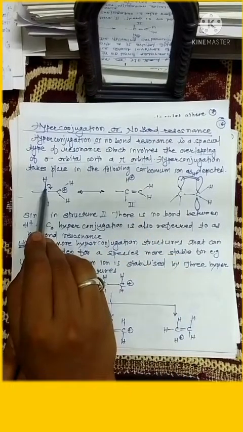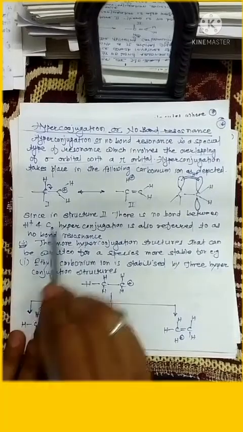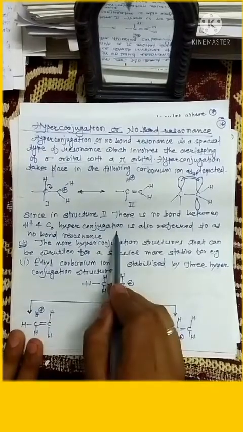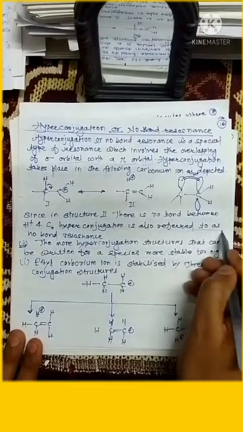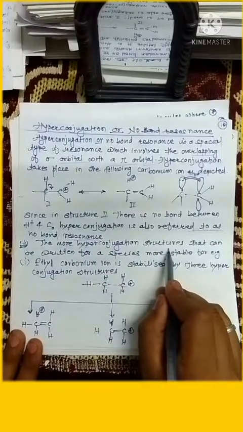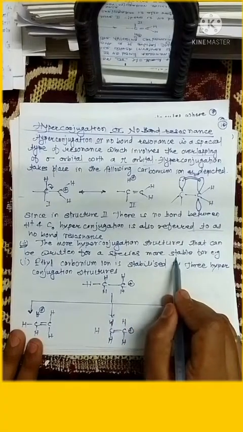So it is the transfer of sigma bonded electron. Since in structure 2 there is no bond between H plus and C, hyperconjugation is also referred to as no bond resonance. The more hyperconjugation structures that can be written for a species, the more stable it is.